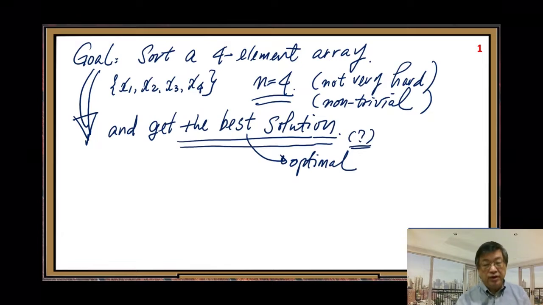But there is another meaning behind it. Based on my experience, many students get this part confused. So here I need to spend some time to explain the meaning of best.